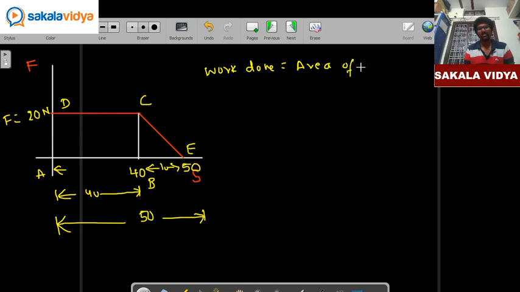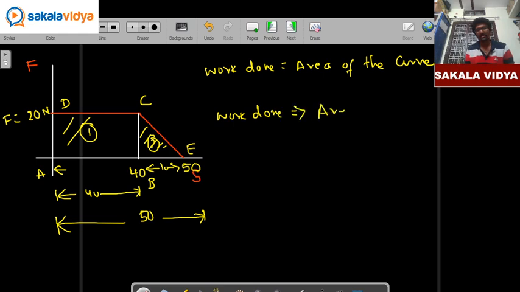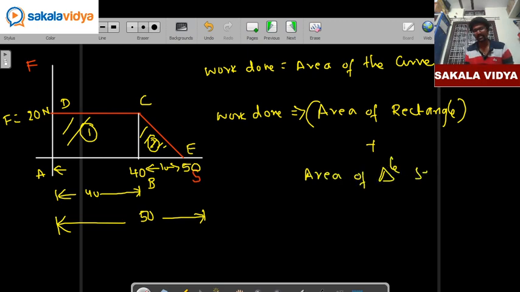Okay. So according to concept number 1, work done is equal to area of the curve. In this case we have two sections: one is a rectangular section, second is a triangular section. So work done is equal to area of rectangle plus area of triangular section.